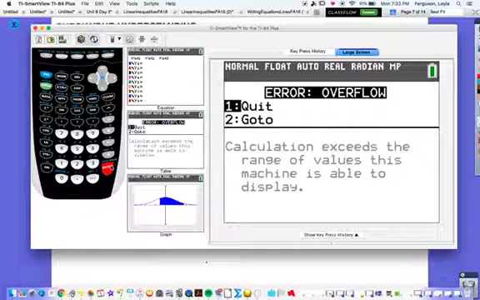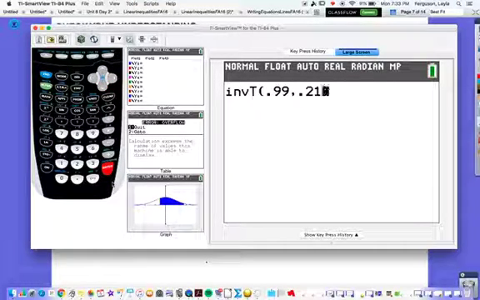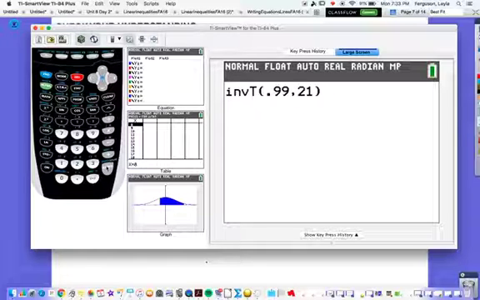Well, this is unfortunate. That's why. Not 0.21, regular 21.